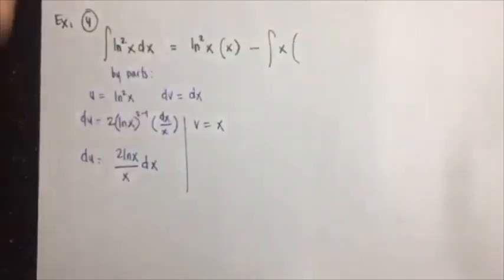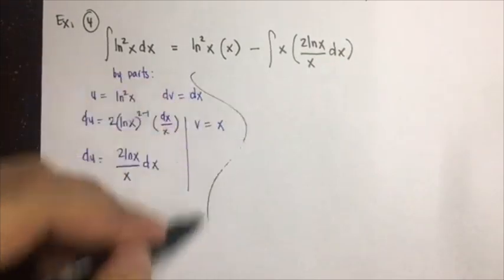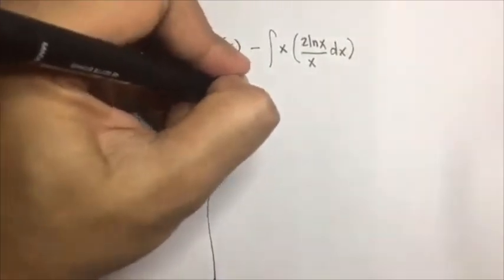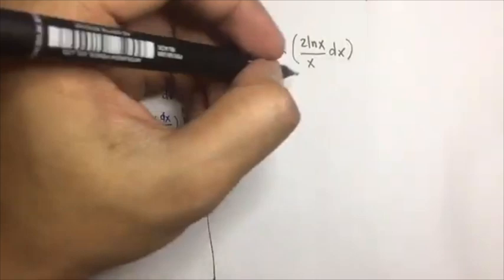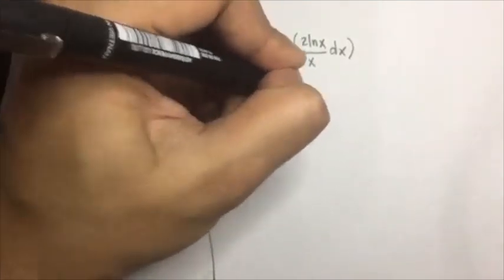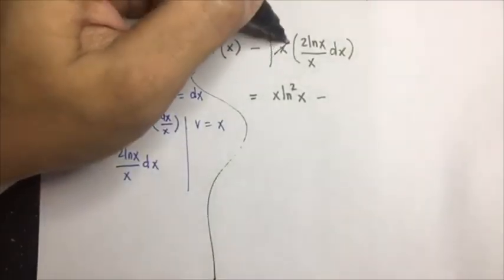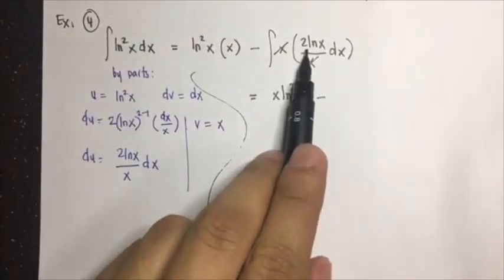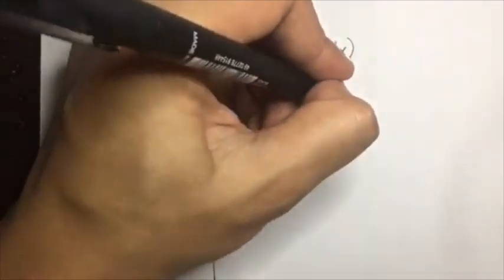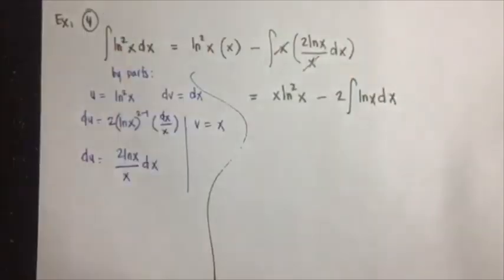Our v is x, our du is 2 ln of x over x dx. Simplifying that, it would be equal to x ln squared of x minus, we can cancel the x, and then take out the 2 since it's a numerical coefficient, so 2 times the integral of ln of x dx.